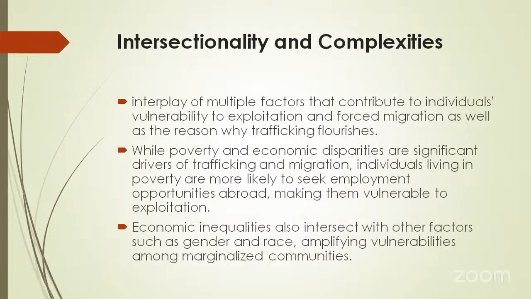Then, of course, there are intersectionalities and complexities, the interplay of multiple factors. Poverty and economic disparities are significant. People living in poverty are more likely to seek employment opportunities abroad, making them vulnerable. Economic inequalities also intersect with factors such as gender and race, amplifying vulnerability among marginalized communities.